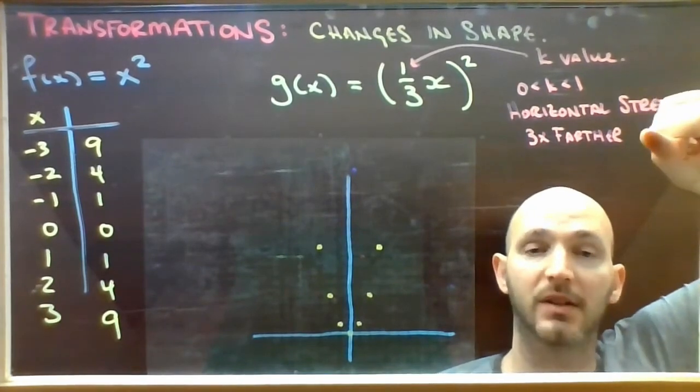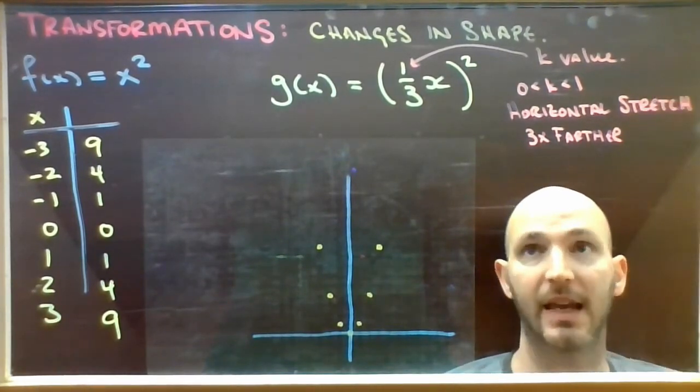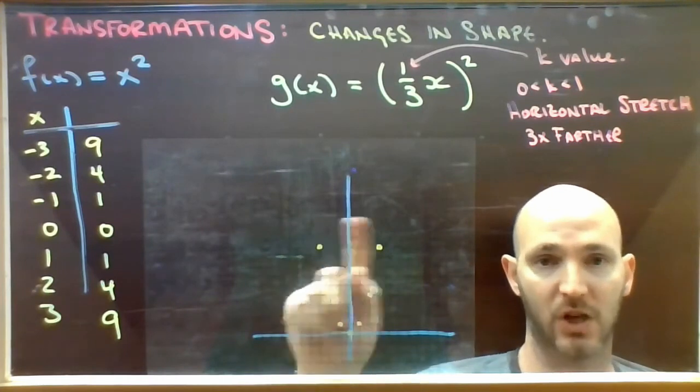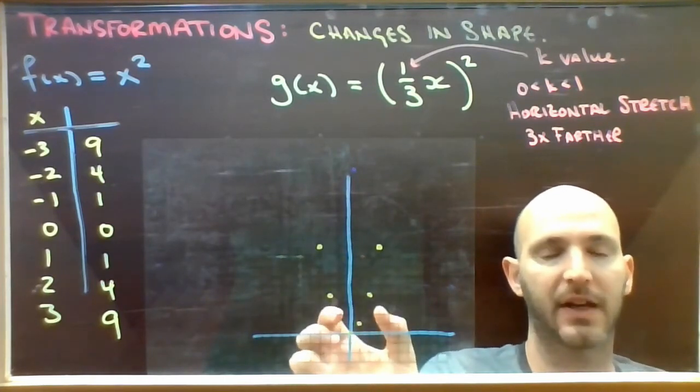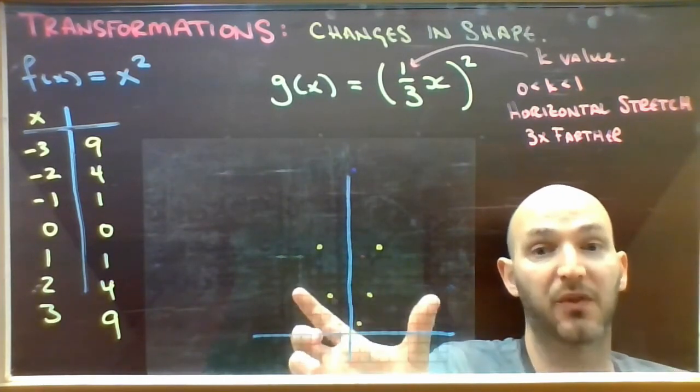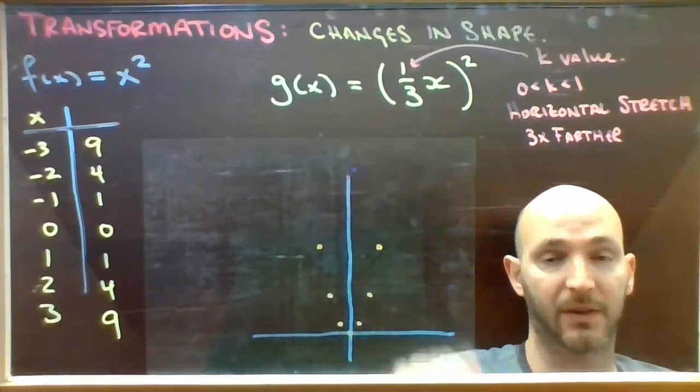This horizontal stretch is saying that I have to take these dots, and however far they are from the y-axis, I have to make them thrice that, because it's 1/3.